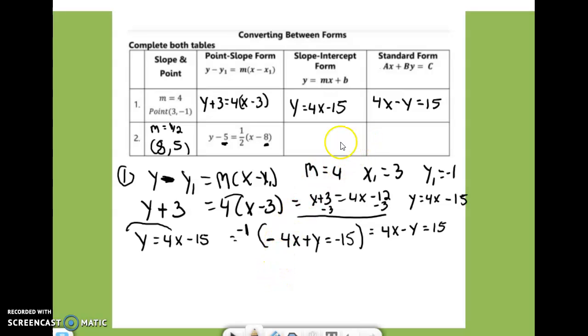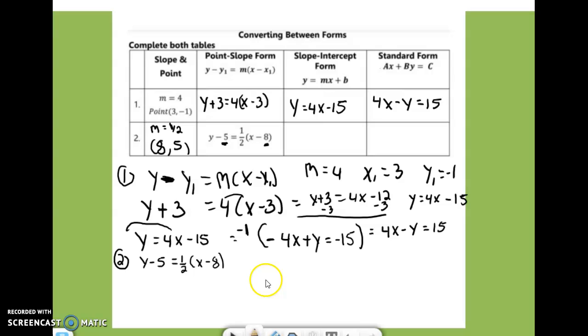All right, now let's go ahead and take a look at number 2. We're going to take the point-slope, right? And we're going to change it into our favorite form, or my favorite form, slope-intercept form.